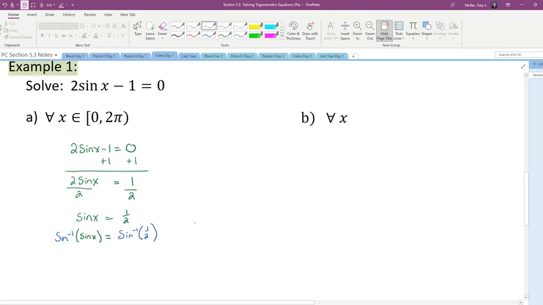In other words, I get it down to x equals, because inverse sine cancels out sine, whatever this answer is right here. Since this is arc sine of 1/2, I'm now probably going to consult my unit circle, unless you have it memorized, which you should at this point. What angle has a sine of 1/2? And the answer would be pi/6.